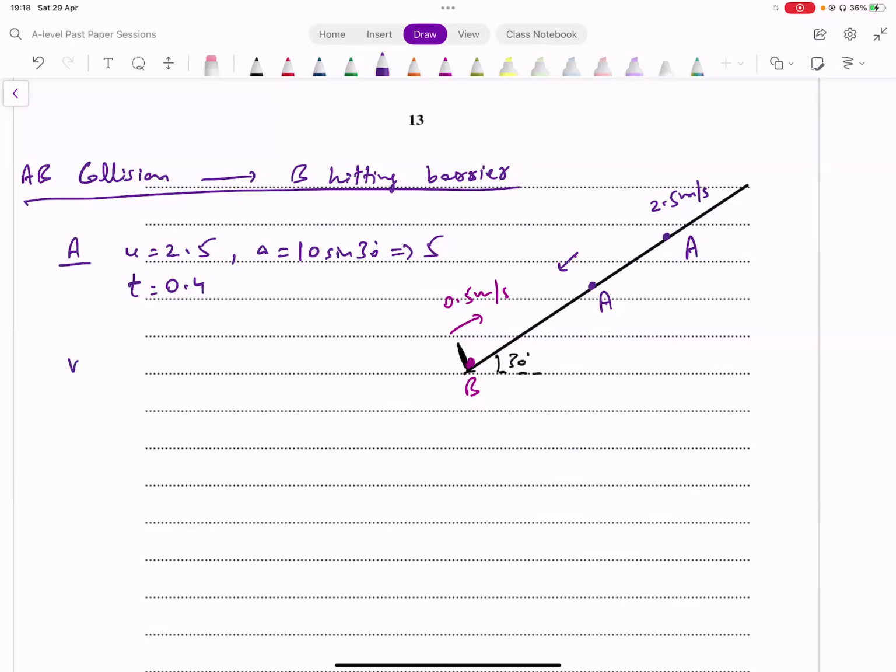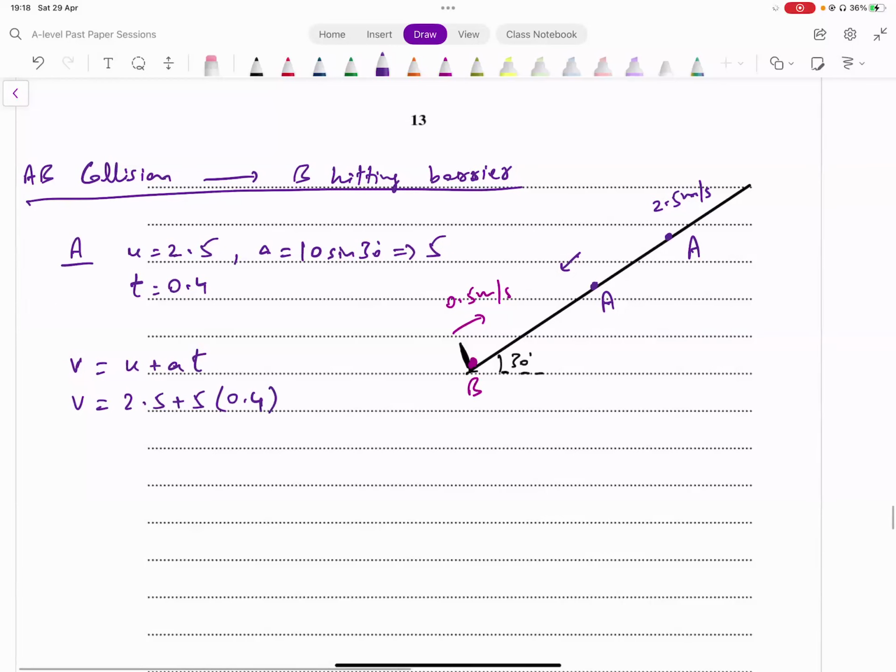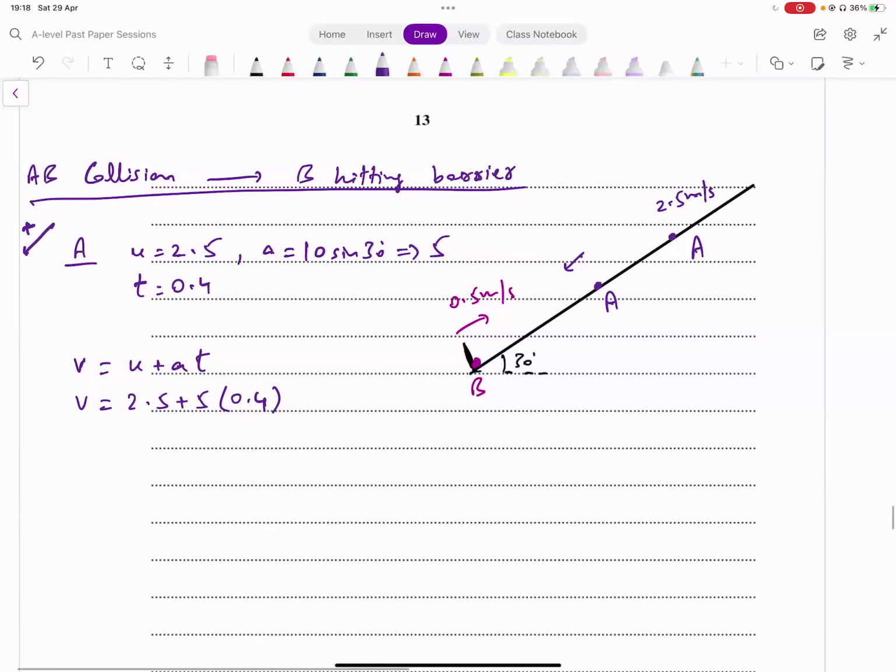फाइनल स्पीड निकाल लेते हैं पहले तो. v इक्वल्स u प्लस a टाइम्स t. इससे क्या आएगा, हमारे पास आएगा 2.5 प्लस 5 इंटू t 0.4. रिमेंबर a नीचे की तरफ जा रहे हैं, तो हम क्या करें इसके लिए, नीचे वाली साइड पॉजिटिव अज्यूम करें.